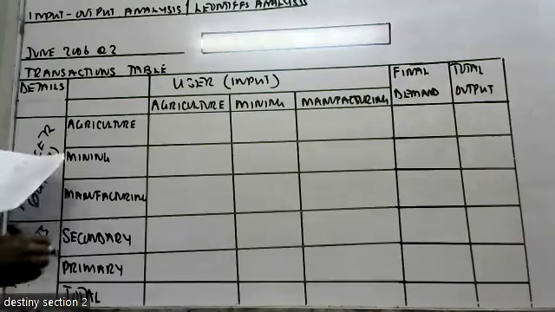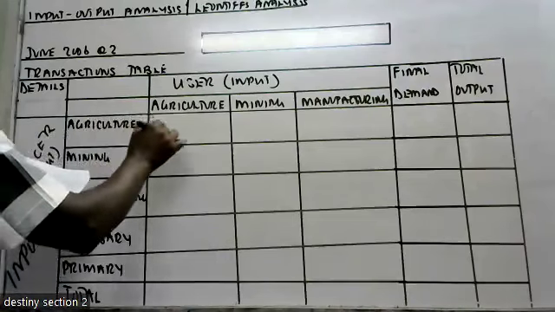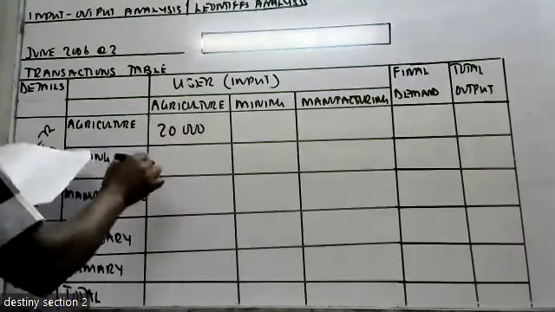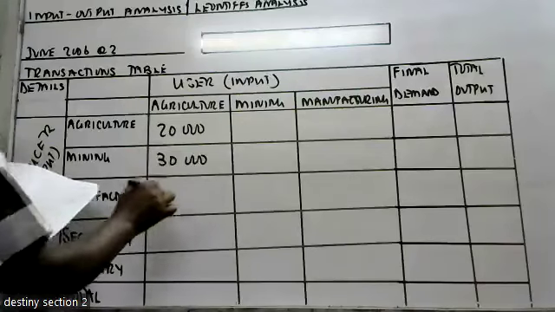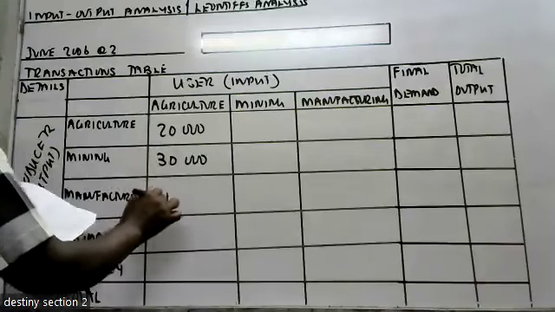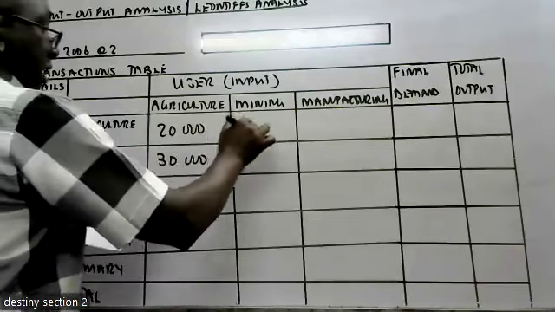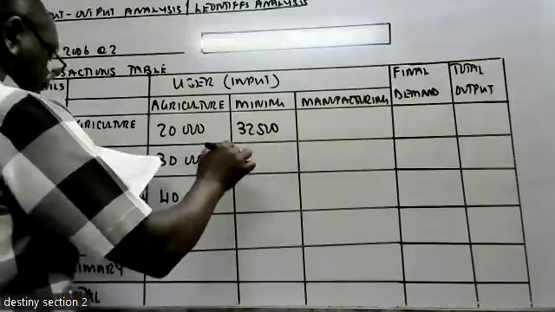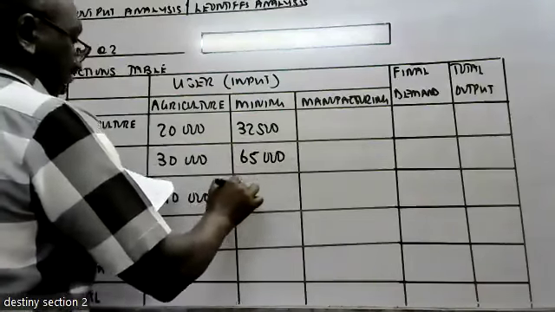So as you can see in the question, agriculture is given 20,000 here. Mining is given 30,000. This is given 40,000. This is that 2,500. This is 65,000.